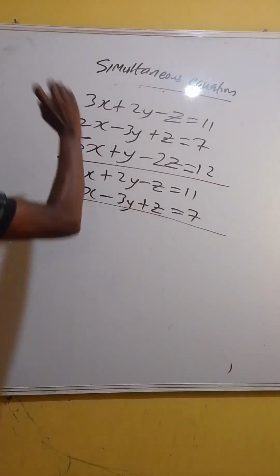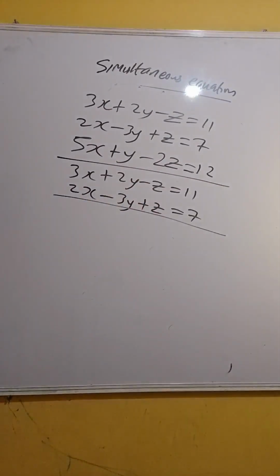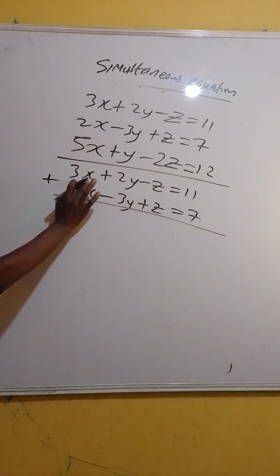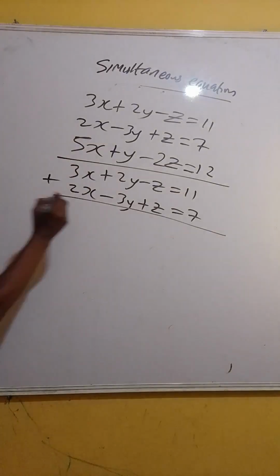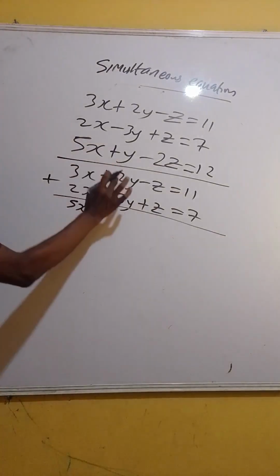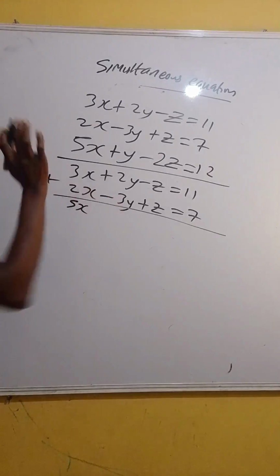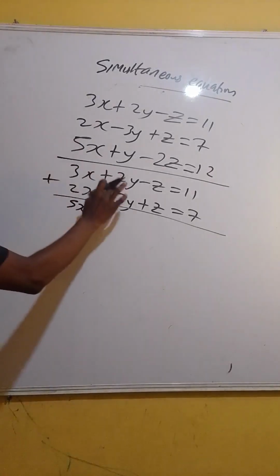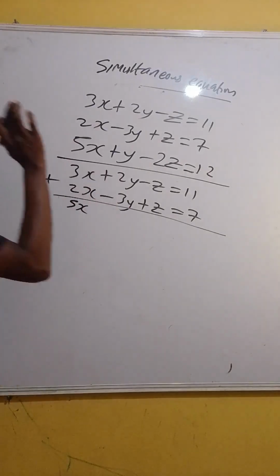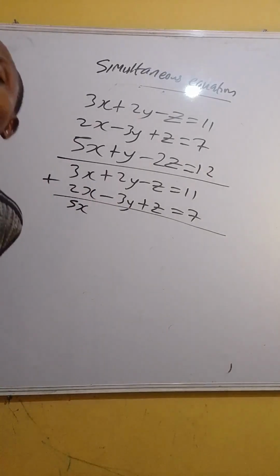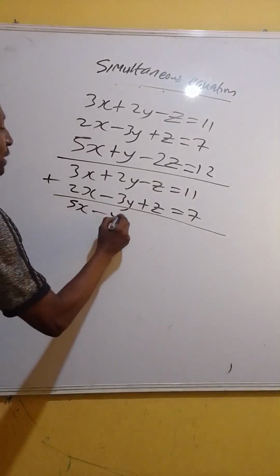Minus z and plus z. What do I do to eliminate them? I am going to simply add. So when I put my addition here, 3x plus 2x will give me 5x. Then 2y plus minus 3y will give me minus y.